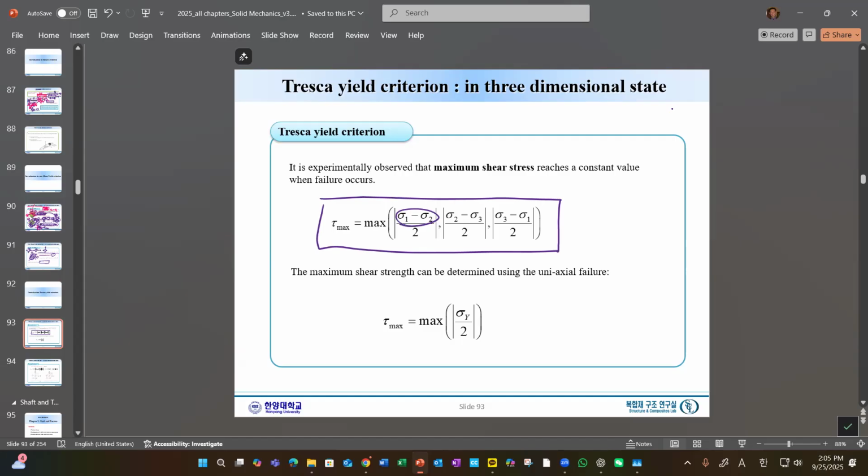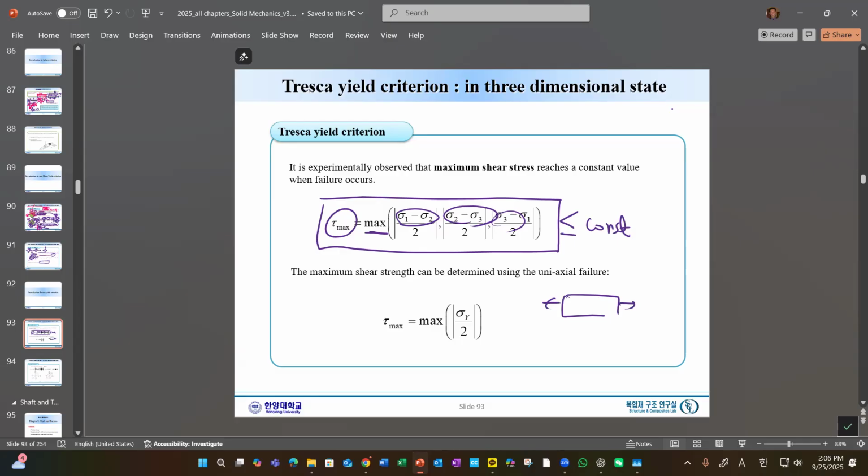Sigma 1 minus sigma 2, divided by 2, and the maximum of this is called tau maximum, and this is always a certain constant. This constant value can be obtained, again, from the simple tension equation.